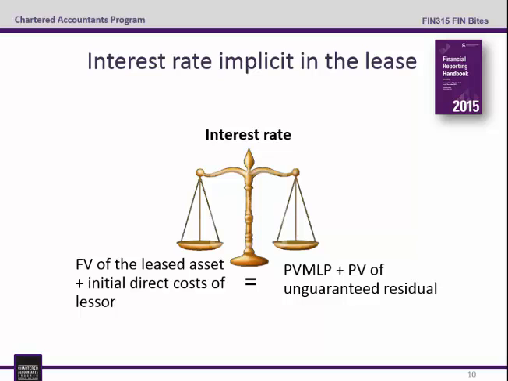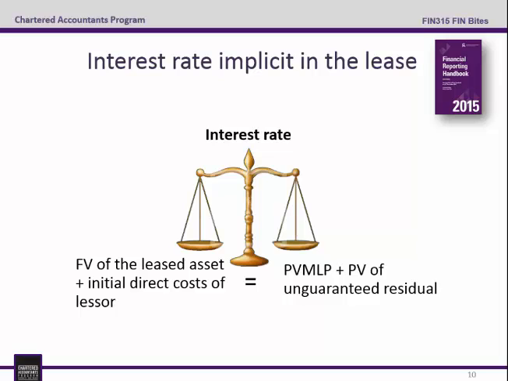Now, if the amount on the right-hand side of the equation is high, so if the minimum lease payments are high, and the lessor is saying, okay, under this agreement you have to pay a lot, then what that's really meaning is that they must be charging you a high interest rate. Remember, what we're trying to do here is work out this equilibrium.